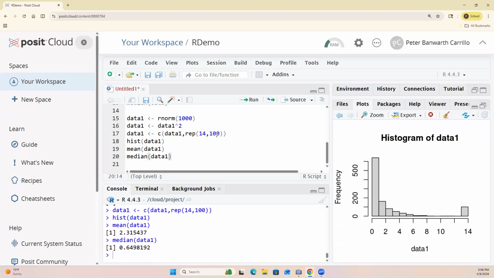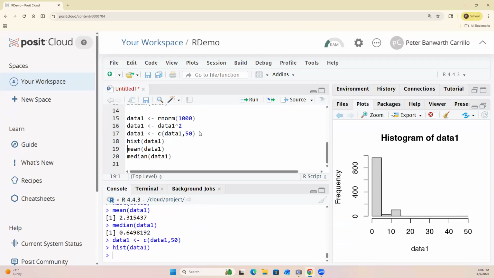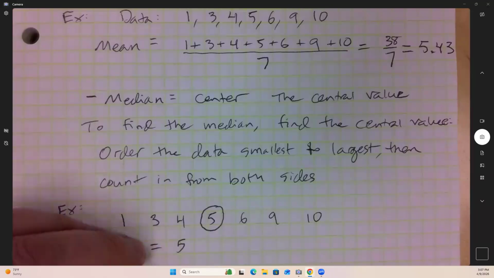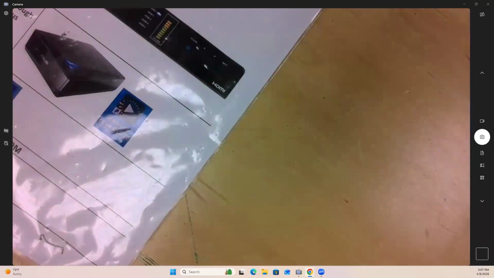All right, and I can really make it crazy if I did this, and let's add an observation in at 50, just for fun. All right, the mean continues getting bigger, and the median hardly changes at all. So means and medians don't necessarily tell you the same information, but they tend to be very similar. Okay. All right, so those are our measures of center.